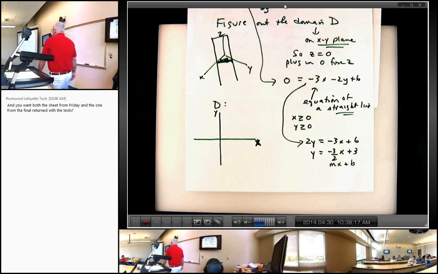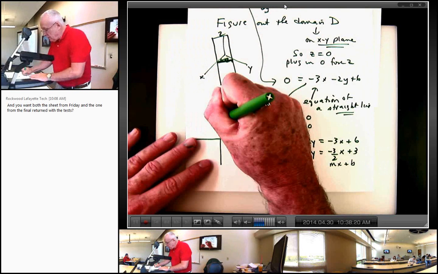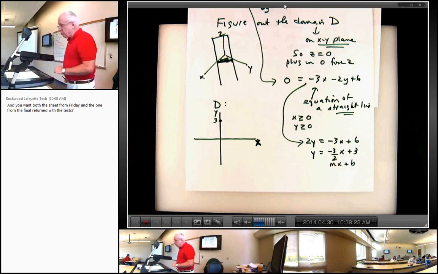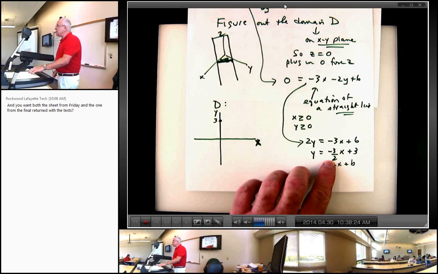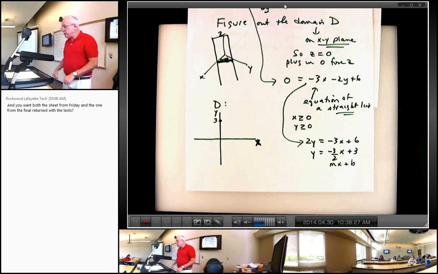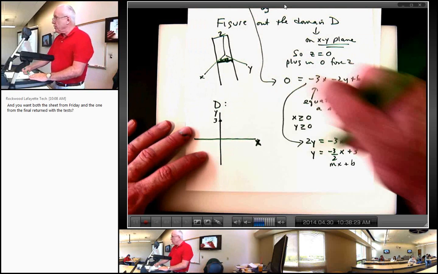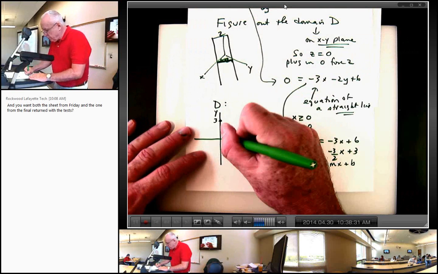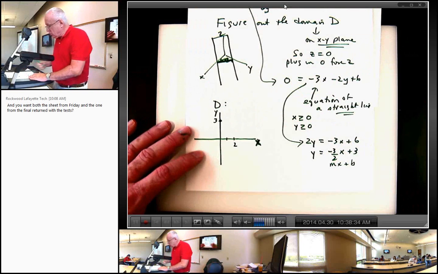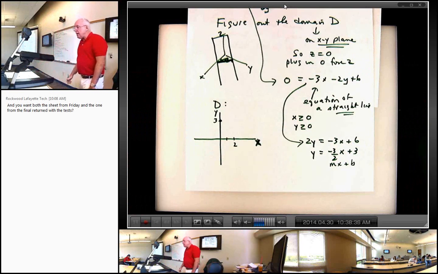All right. From that, we know that the y-intercept is going to be 3, so right up here, it's going to go there. Its slope is negative 3 halves, so it's going to go down 3 and then over 2. It's going to hit the x-axis at 2.